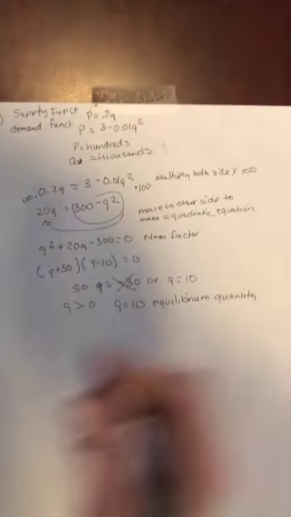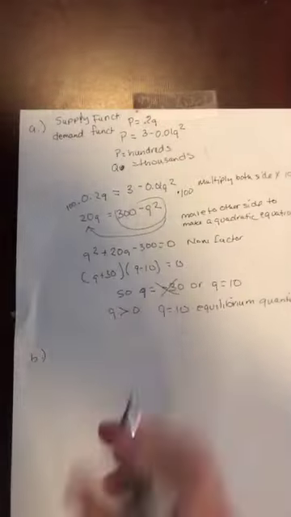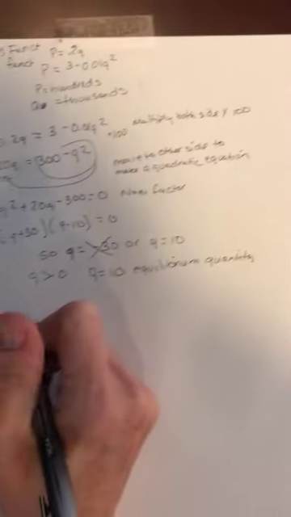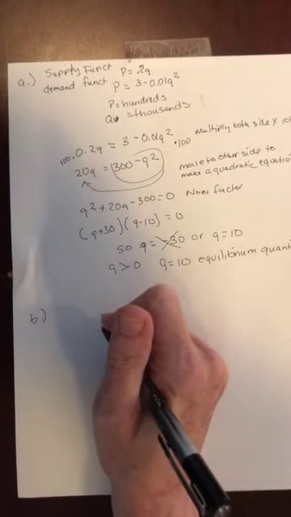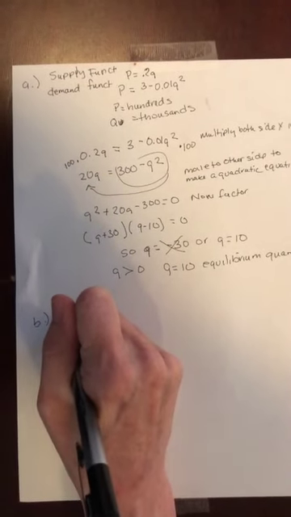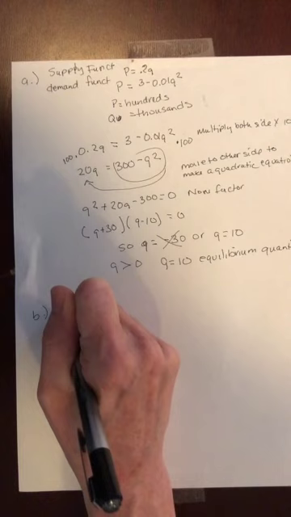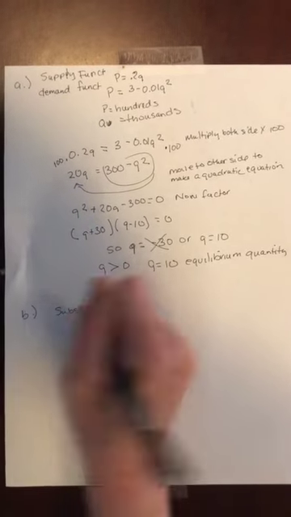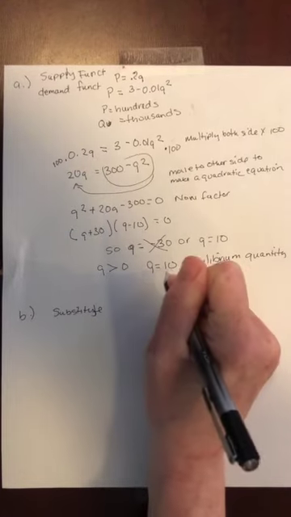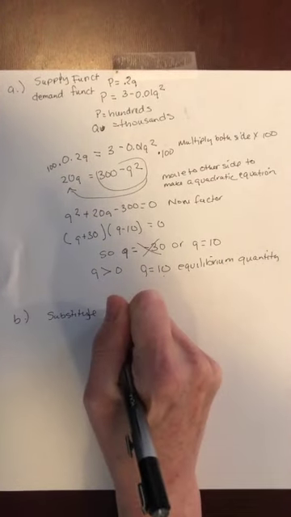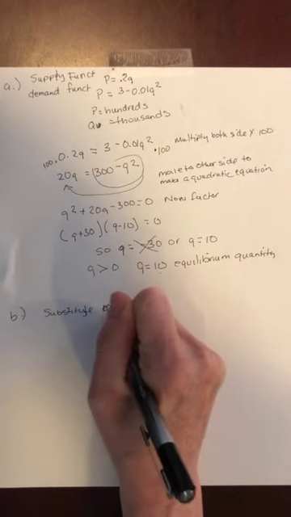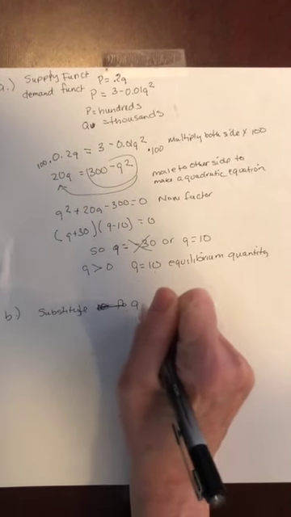All right, now for B, we're going to find the equilibrium price. To find the equilibrium price, we substitute the 10 for Q. Sorry, that didn't come out right. Substitute Q for 10.